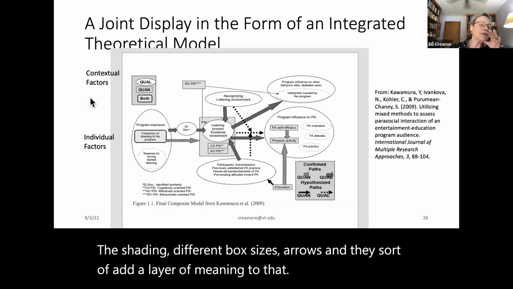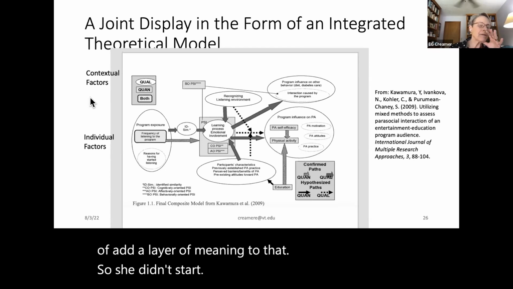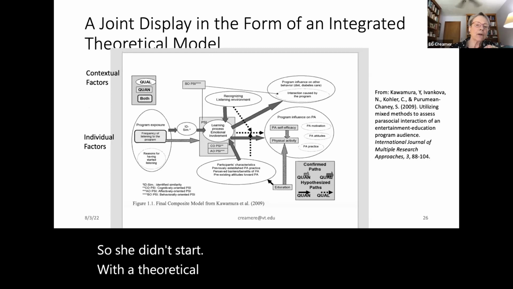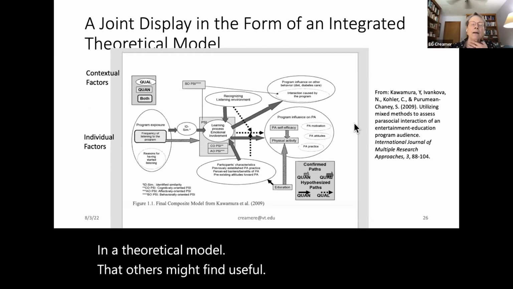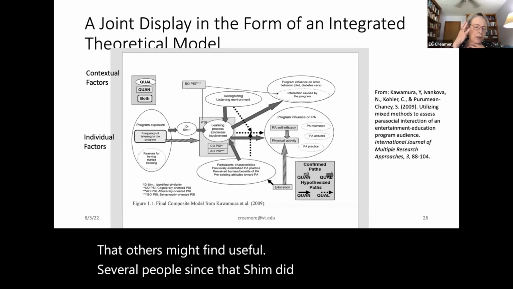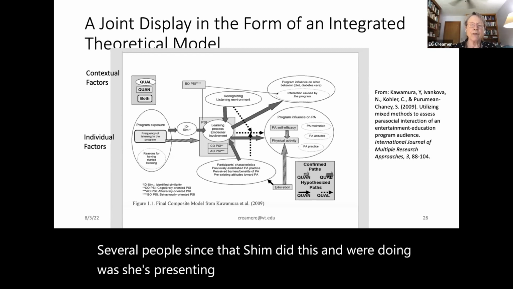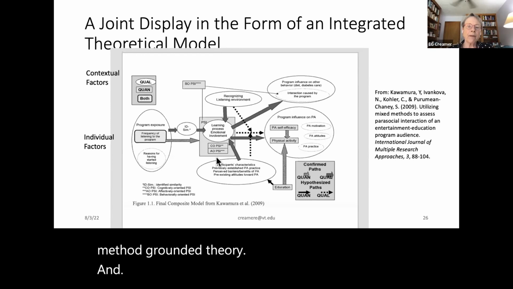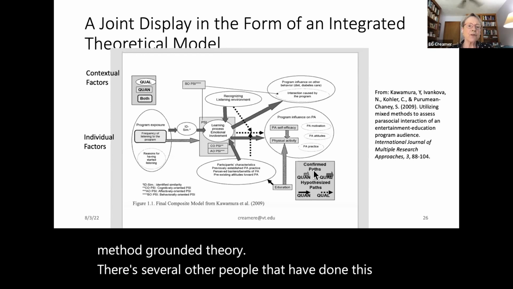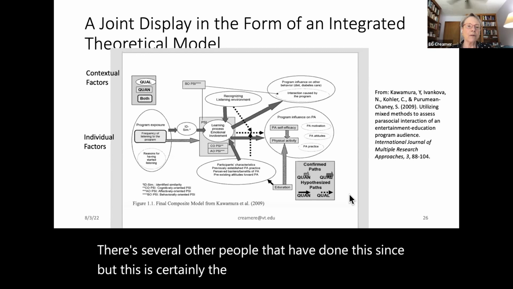So she didn't start with a theoretical model, but she integrated her findings in a theoretical model that others might find useful. Several people since then have done this, and she's presenting in a session about mixed methods grounded theory. There's several other people that have done this since, but this is certainly the first one I ever saw.